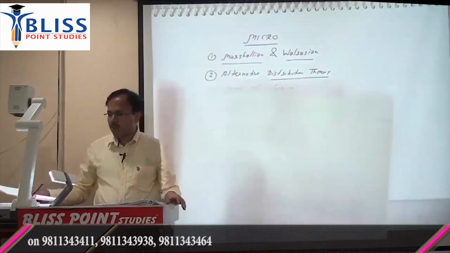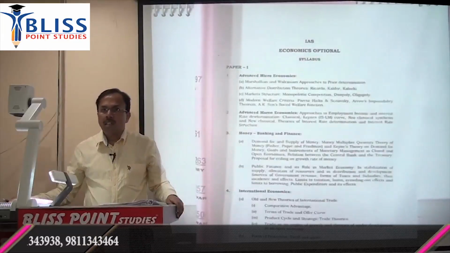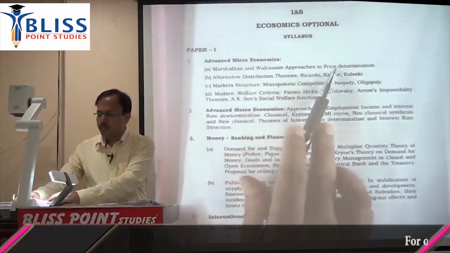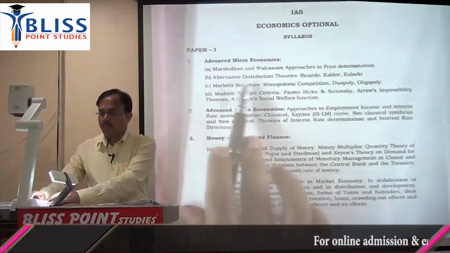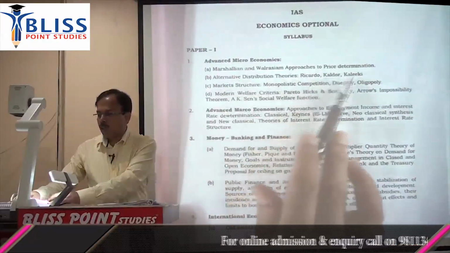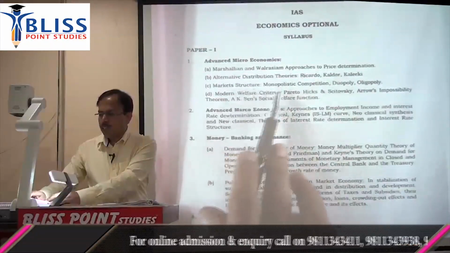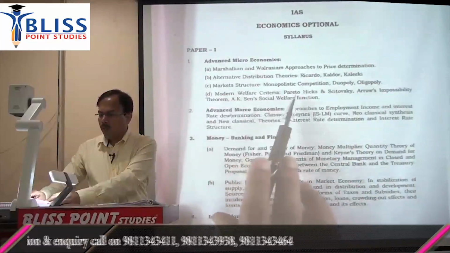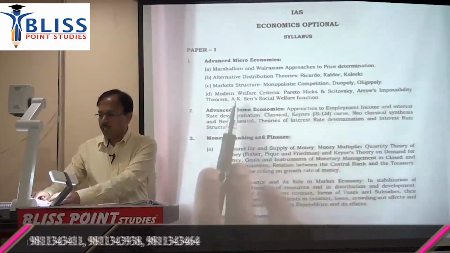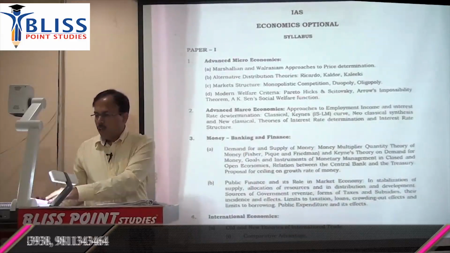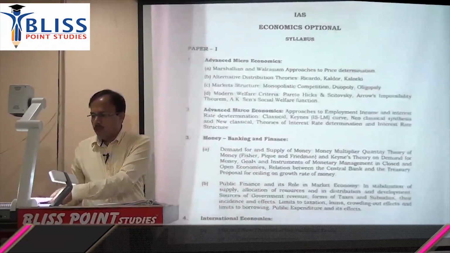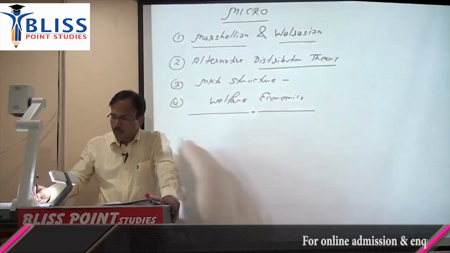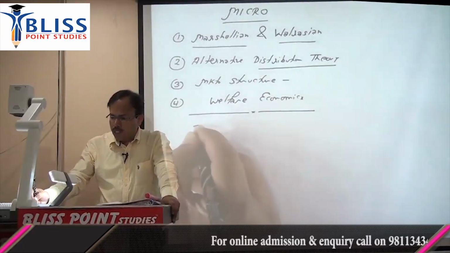Within micro, the syllabus states, accordingly, the content: Marshallian and Walrasian approach to price determination, alternative theory of distribution, Ricardo, Kaldor, Kalecki, market structure, monopolistic, duopoly, oligopoly, and modern welfare, Pareto, Hicks, Scitovsky, Arrow and A.K. Sen.